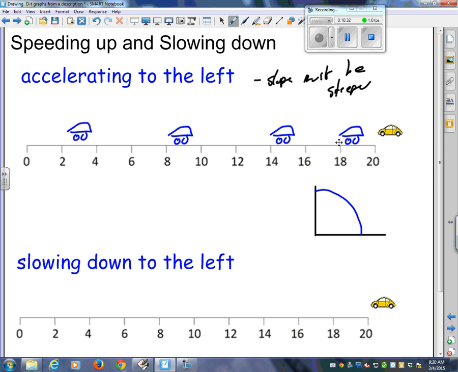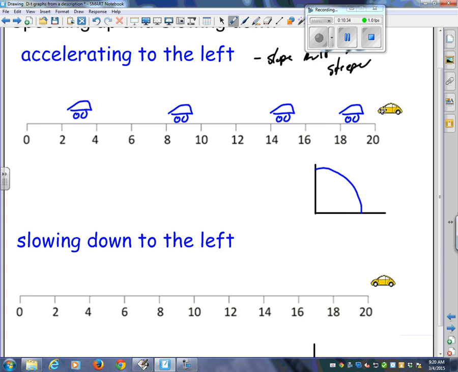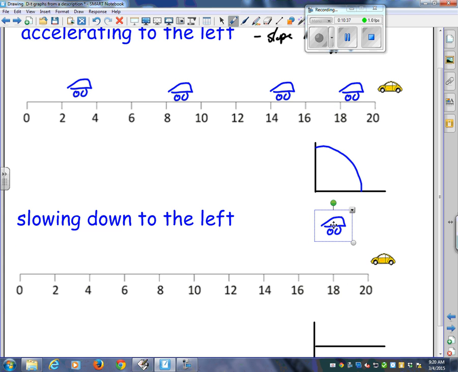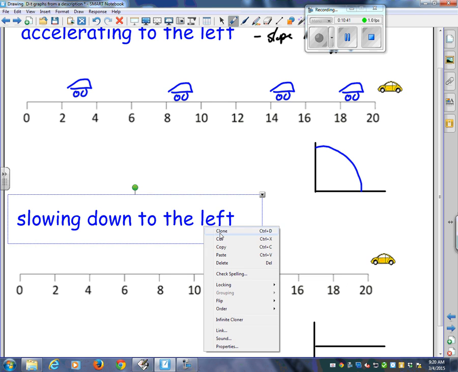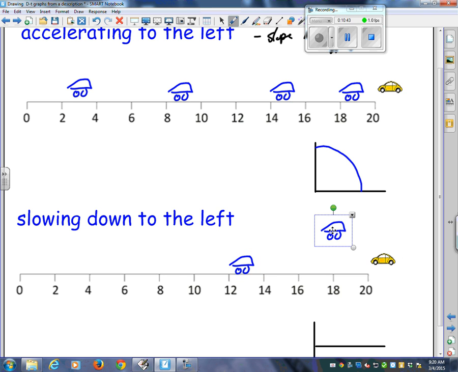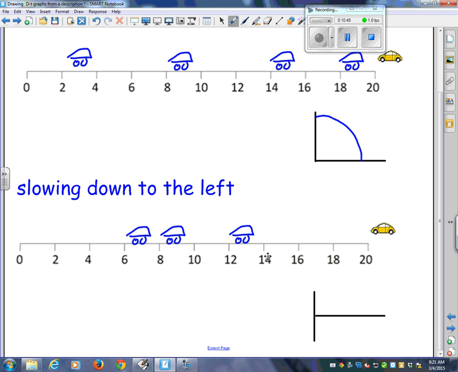Slowing down to the left. Let's bring my car back in here. Slowing down would mean that it would have to be far apart at the start, right? I guess it doesn't have to be, but something like that. So what now? Again, is it in the positive region? Yeah, it is, so it's going to have to be above.